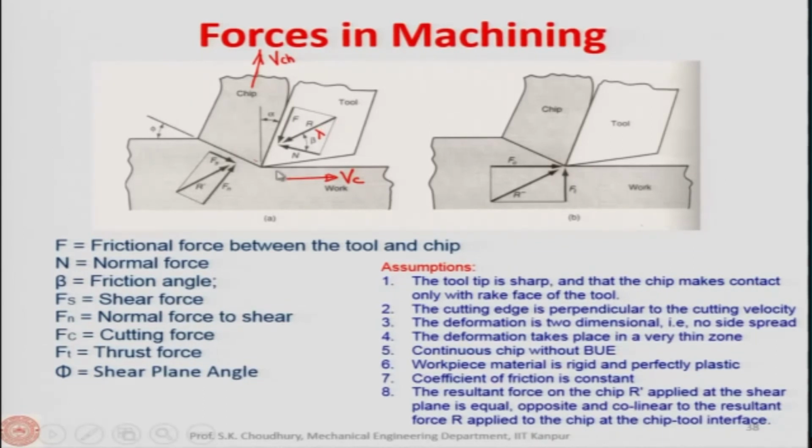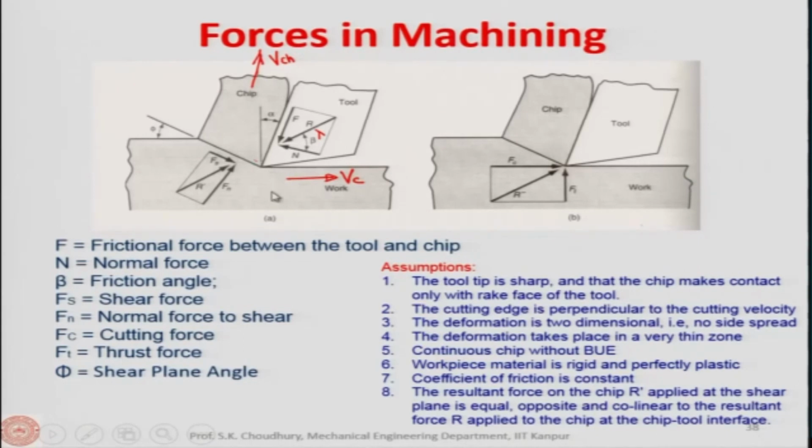Similarly, the resultant force acting on the chip from the workpiece through the shear plane, R prime, we can resolve into two components. One component is along the shear plane and another is perpendicular to the shear plane.